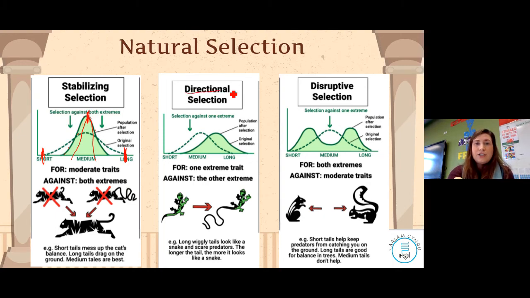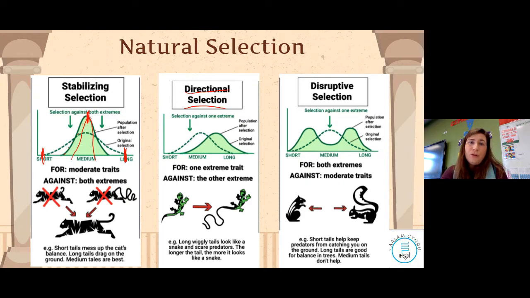Let's have a look at directional selection. So you can see the original curve and the final curve and the example. In a changing environment, an extreme phenotype might be advantageous. So the other values are selected against.